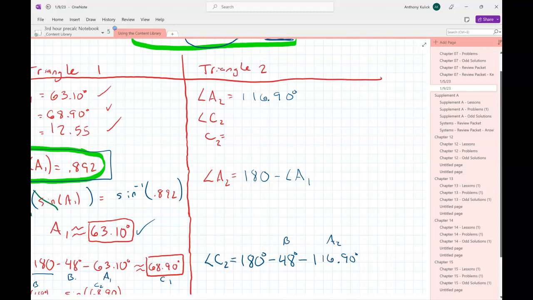Okay, that's better. It's not 190 degrees in a triangle. All right, so I do that. What do I get here? I get about 15.1 degrees, I think. Sounds right.